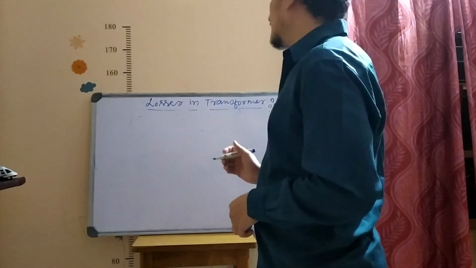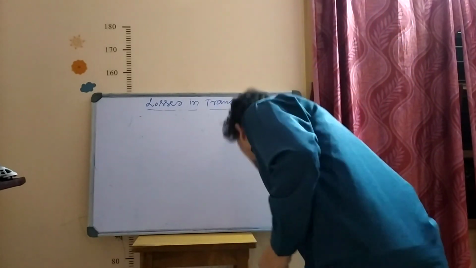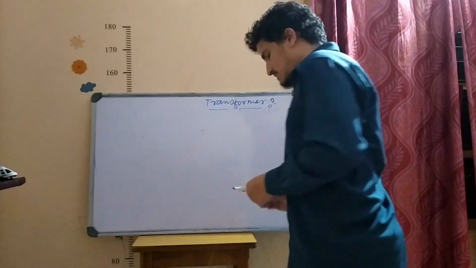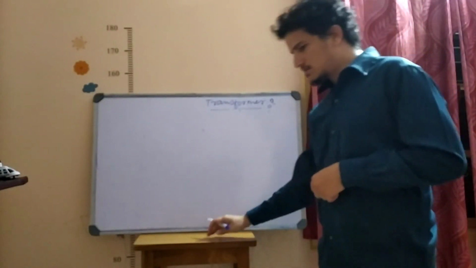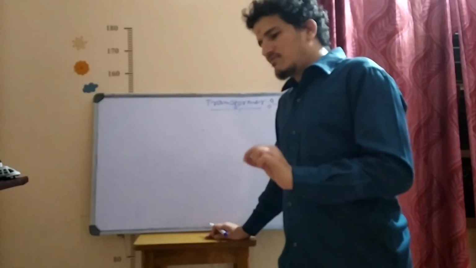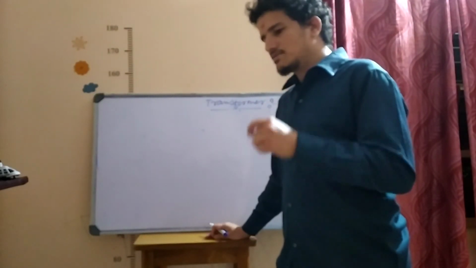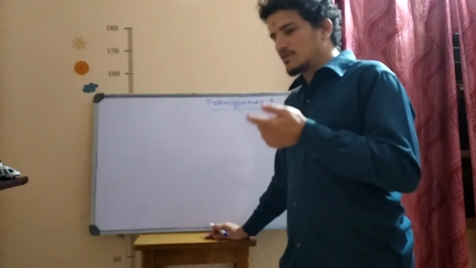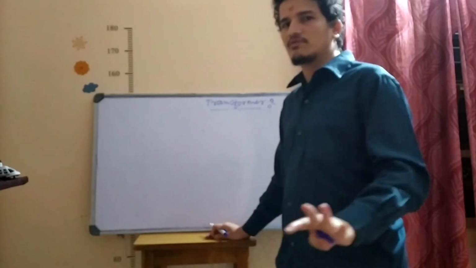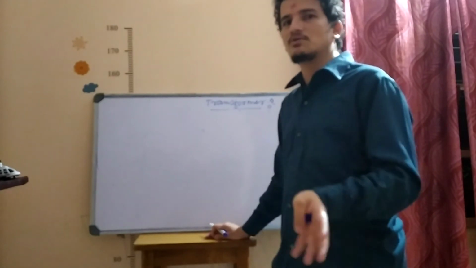Now I will explain about the efficiency of the transformer. And also one important note I have to tell: copper loss is the varying loss. It varies according to the load, as the square of the load. Core loss is the constant loss, irrespective of the load, whatever may be the load from 0 to 100.